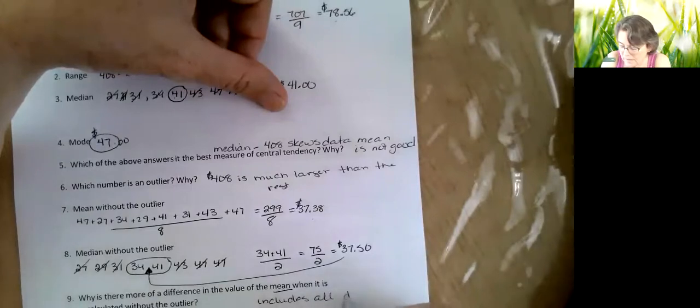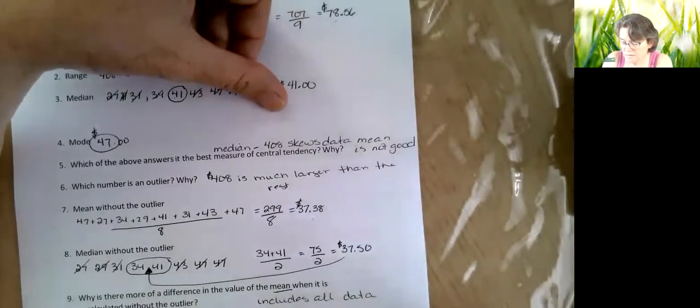All right. Number 9 says, why is there more of a difference in the value of the mean when it's recalculated without the outlier? Well, because the mean includes all data. So the 408 changes the mean a lot.